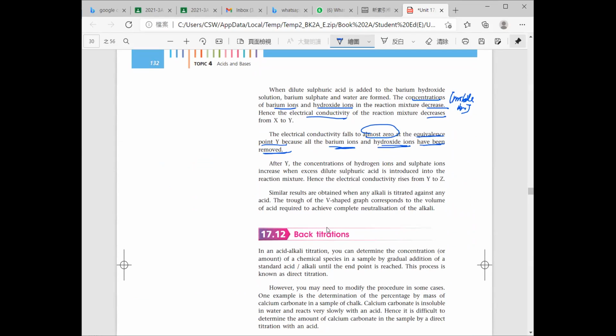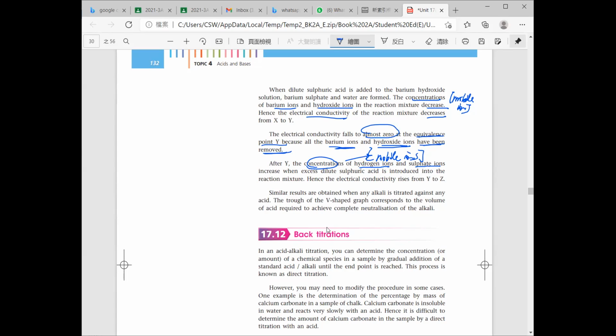Where are the mobile ions? The hydrogen ions and sulfate ions. So the concentration of mobile ions, mainly hydrogen ions and sulfate ions, increases when excess dilute sulfuric acid is added to the reaction mixture.